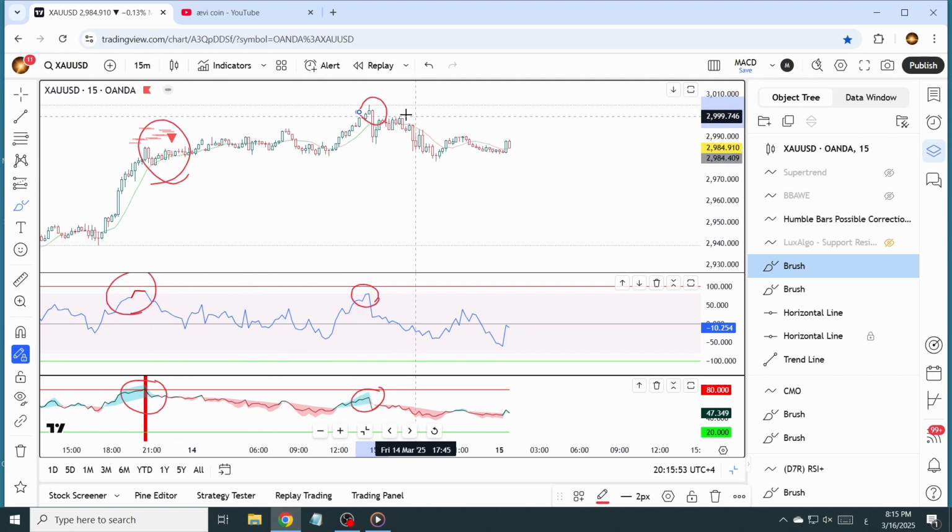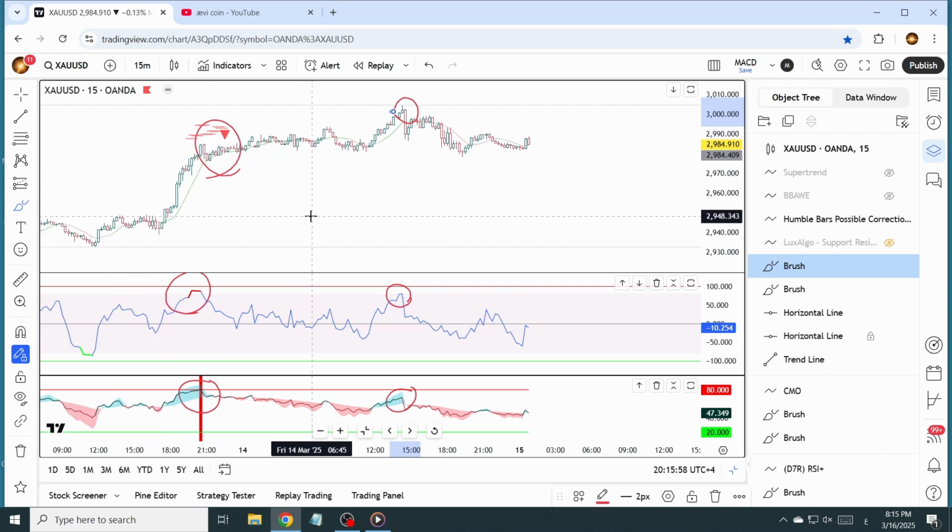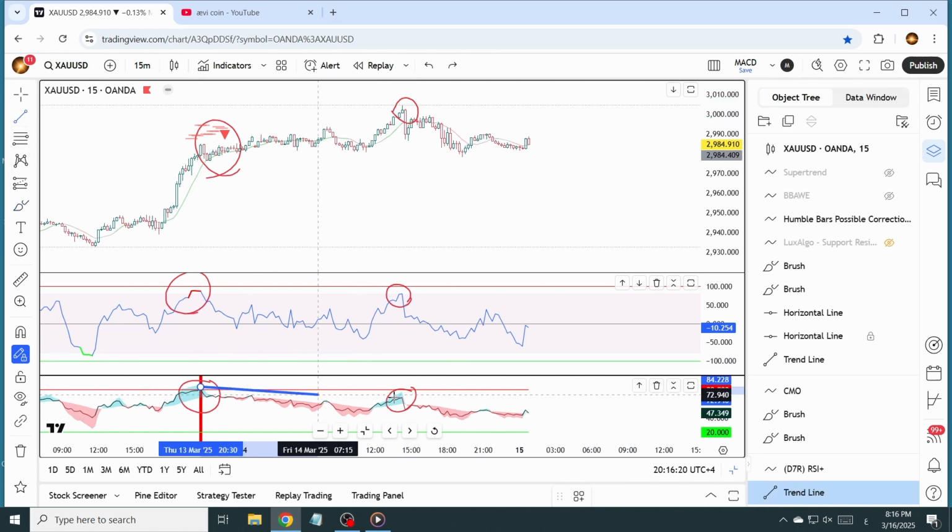It's higher than the previous high, which creates what? A divergence in the RSI here. This is the divergence. We can see there is divergence here.